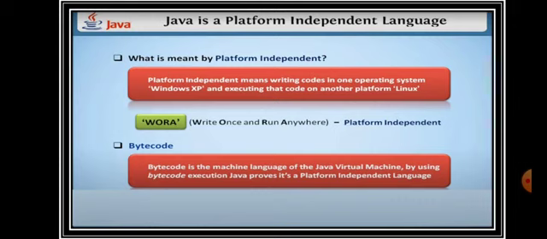Say for example, you write the code in Windows XP, it can be run in the same operating system. And you take the same code from Windows XP and copy it in Linux, it will also execute the same program. So this is the advantage of using a platform independent language.